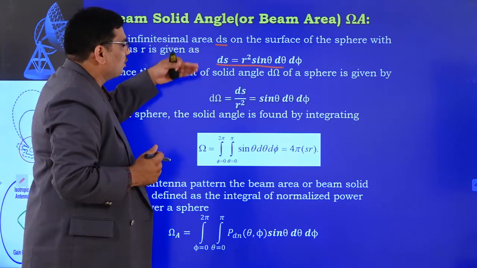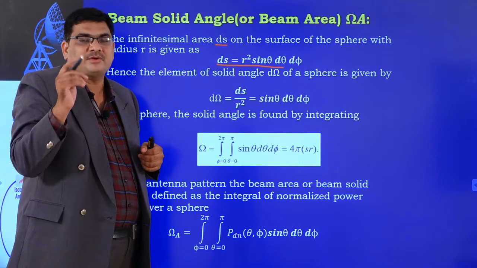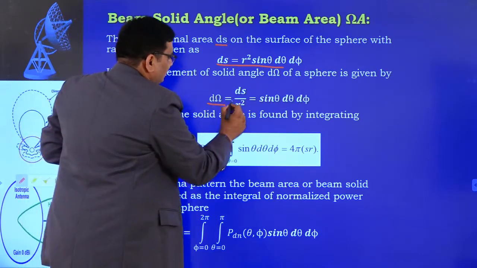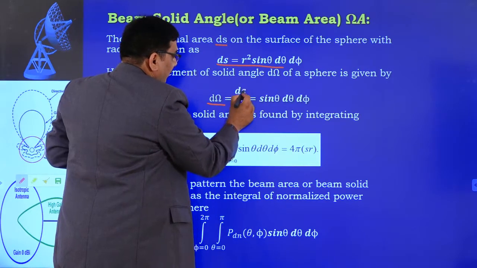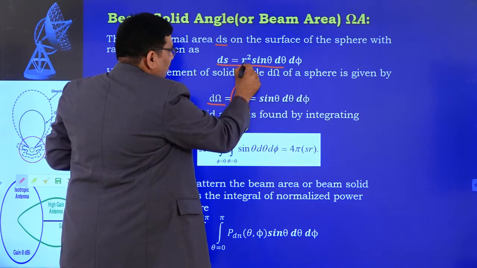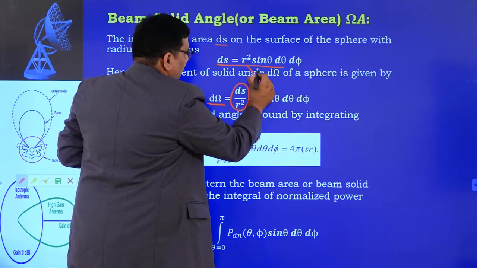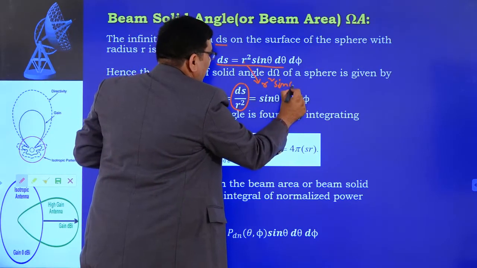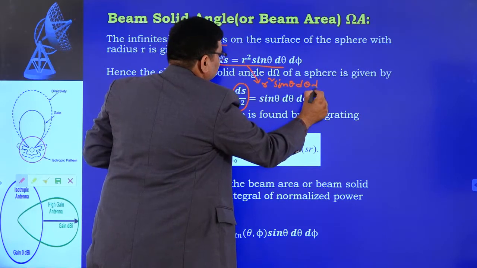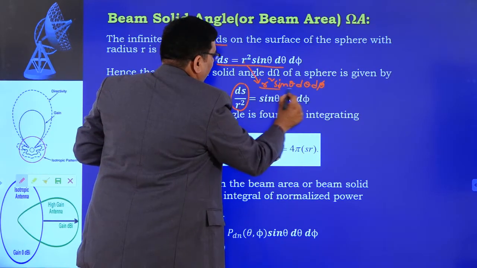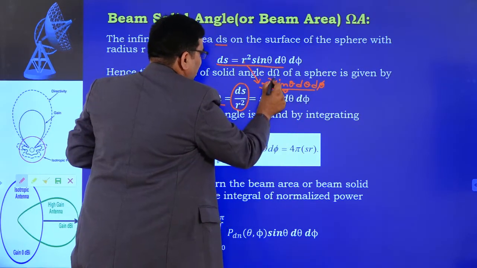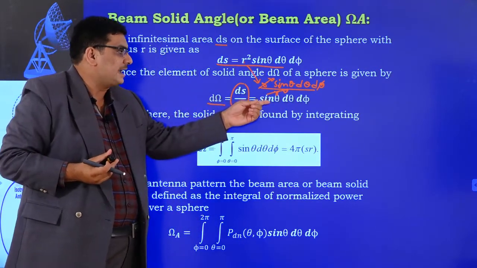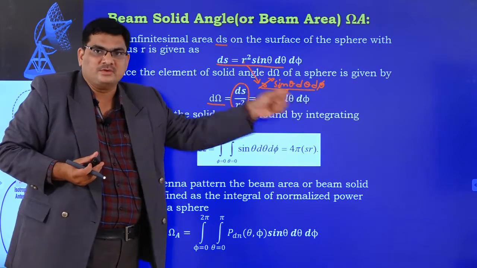From this we calculate the differential solid angle. The differential solid angle is defined as ds by r square, that is r square sin theta d theta d phi by r square. So r square gets cancelled, and your differential solid angle is sin theta d theta d phi.